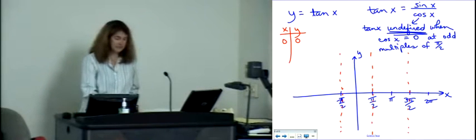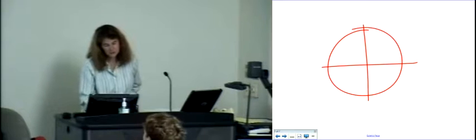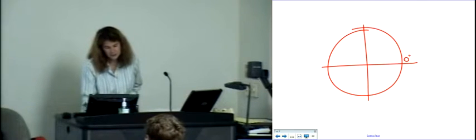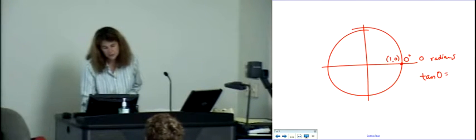All right, so let's think. Let me go over here to the unit circle just a moment. Okay, here's 0 degrees, which is 0 radians also. What are the coordinates here? 1, 0. We know the tangent at 0 will be the y over the x. So the tangent at 0 is 0 over 1, which is 0.